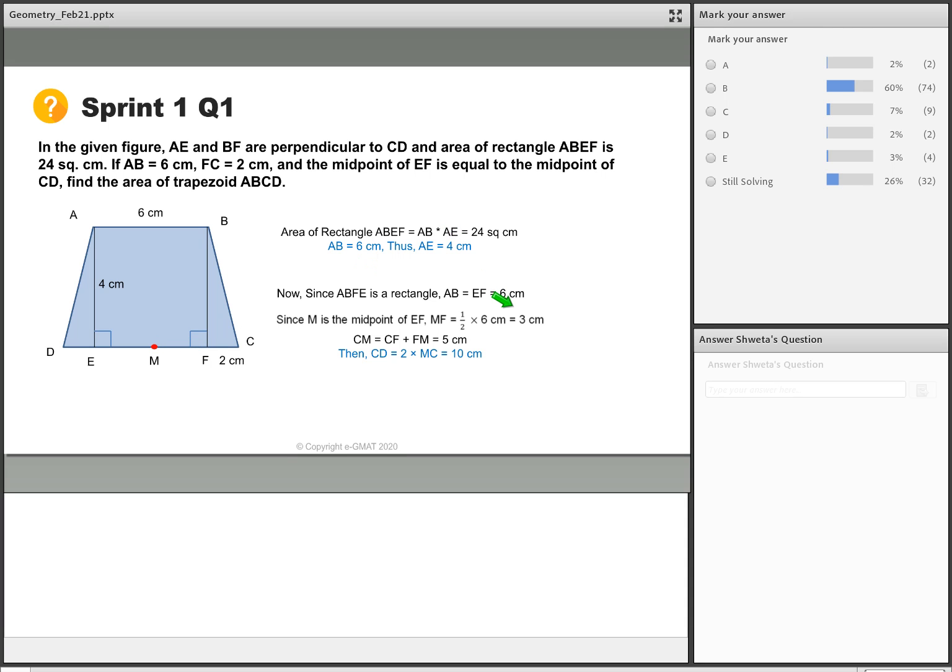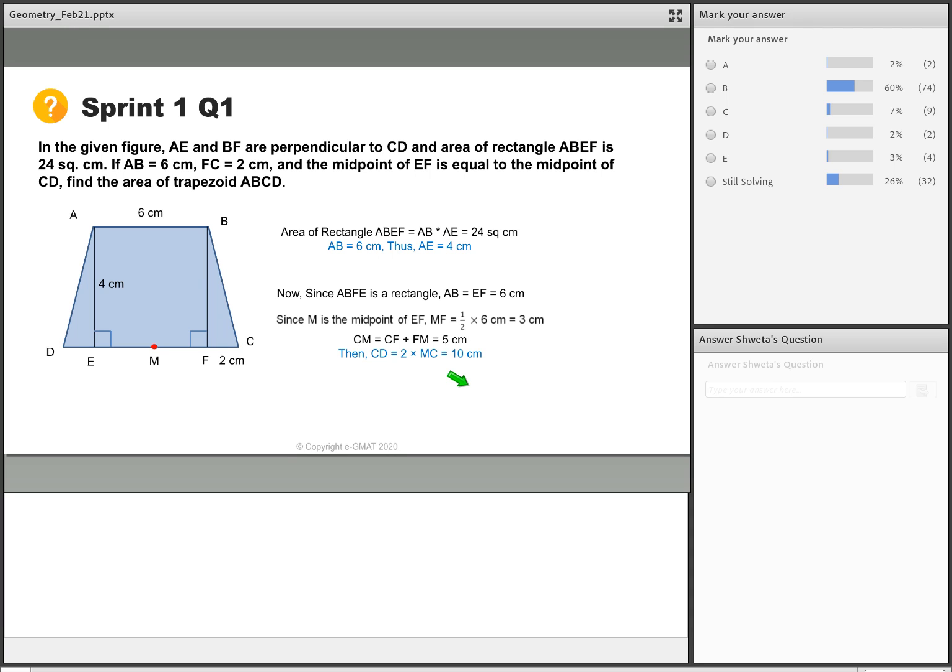So it's going to be 3 centimeters. But I already know FC is 2. So if this piece is 3, this is 2, then this entire length, this CM, is 5. But since M is also the midpoint of CD, the entire length CD has to be 5 times 2, 10.